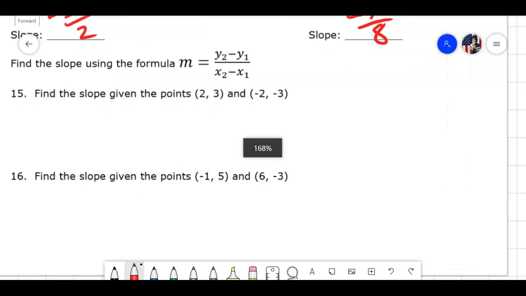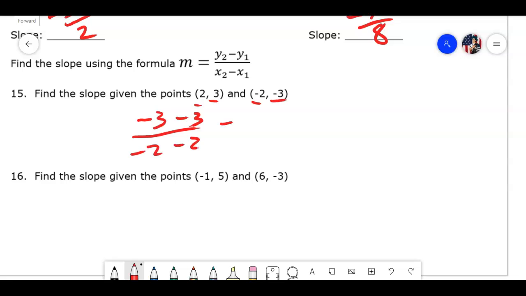Now on these, you can use the slope formula, y2 minus y1 over x2 minus x1. -6 over -4. Again, your calculator can help you do this and reduce it to the most reduced fraction, 3 over 2.